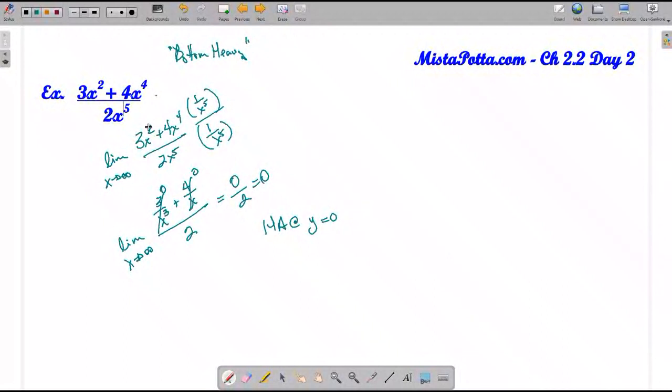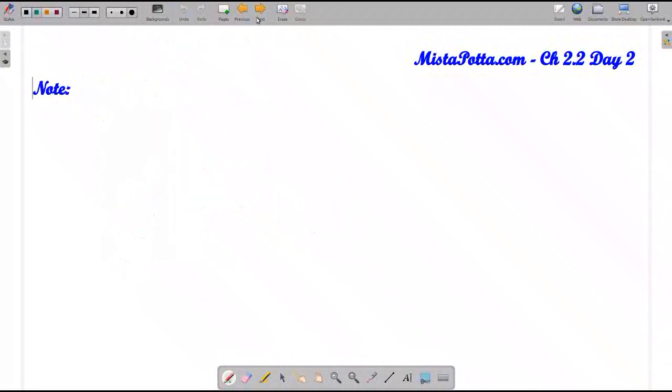So we're not just using clever phrases or noticing patterns, but instead we're using algebra to show where the limit goes. So I do want to make this real quick note. We've dealt with two different types of situations where we've kind of distributed through to eliminate a term.